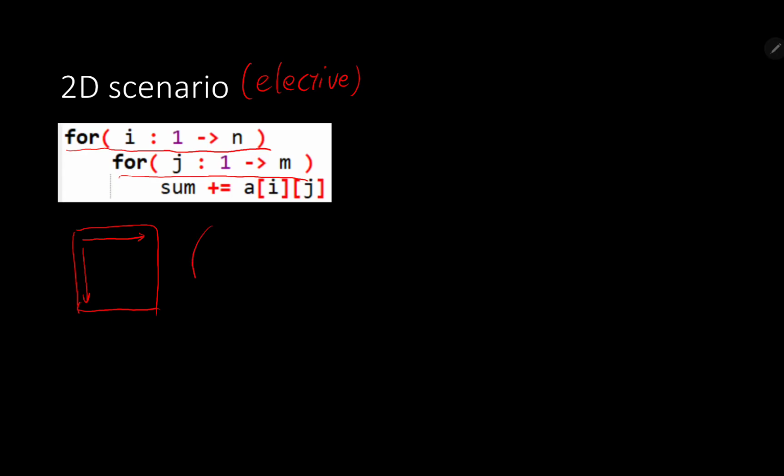Let's consider if I have a plate. The plate has the charge density sigma of theta and r, which means at the point of theta and r, it will have a charge density of sigma theta r. So I want to know the total charge of this plate.